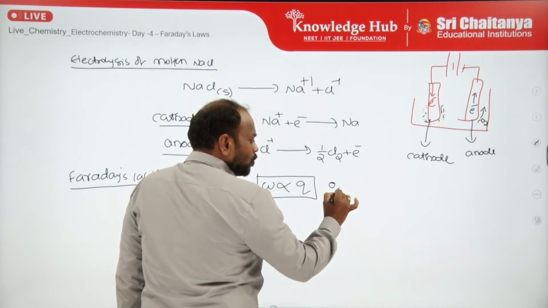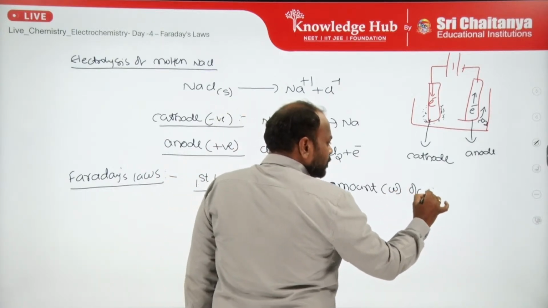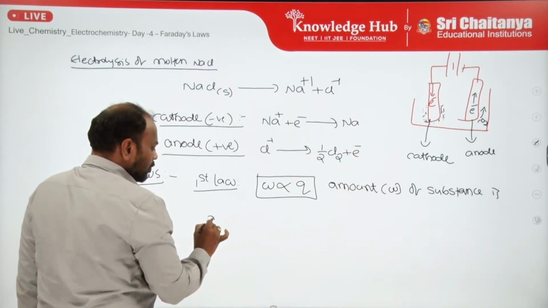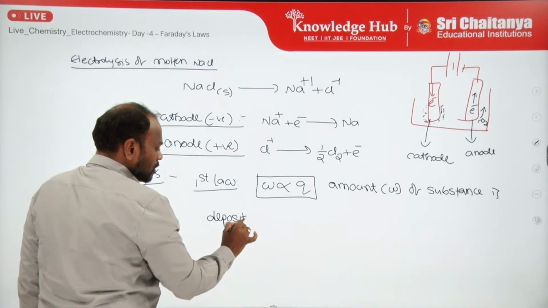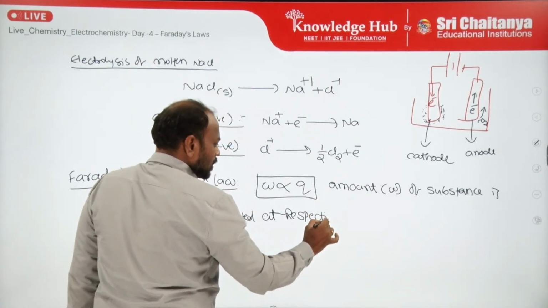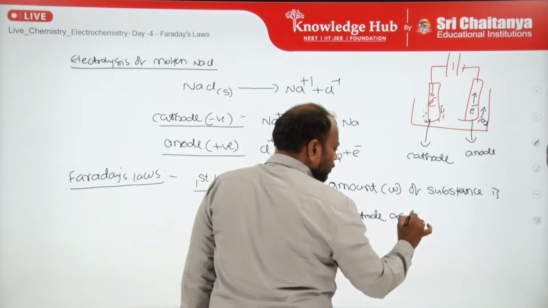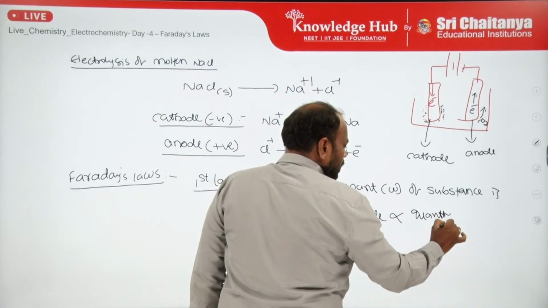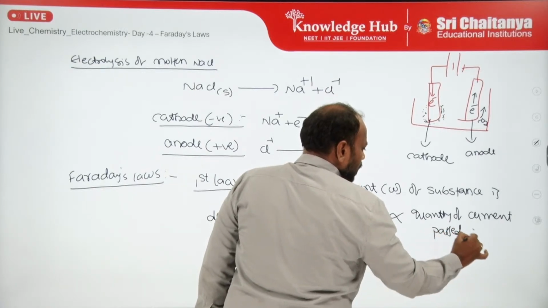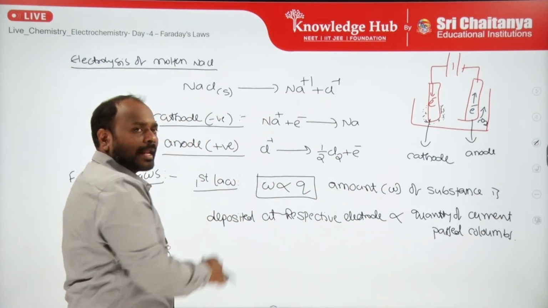The amount of substance deposited at the respective electrodes, amount is nothing but W, is directly proportional to the quantity of current passed, in coulombs. So according to this, W is directly proportional to Q.